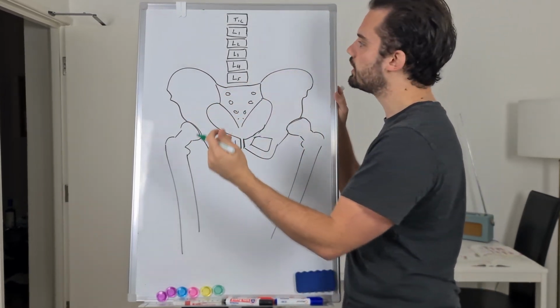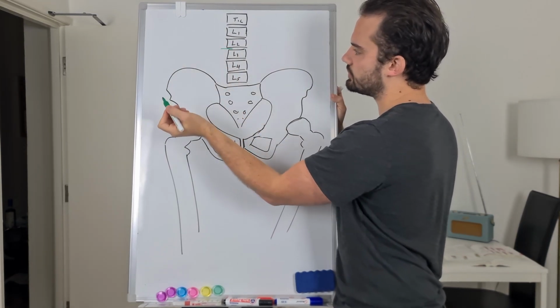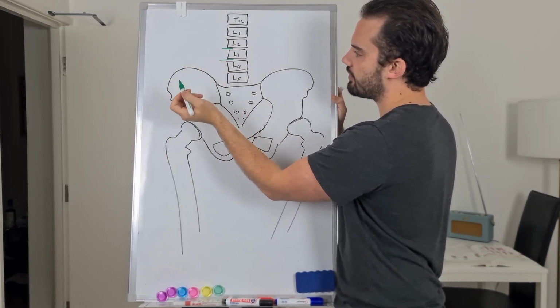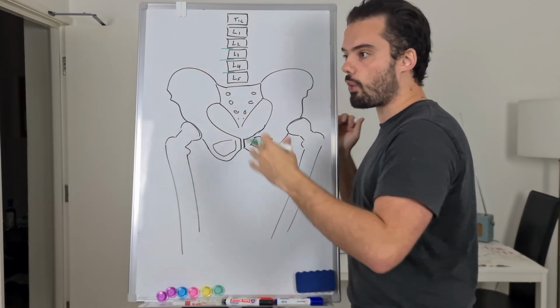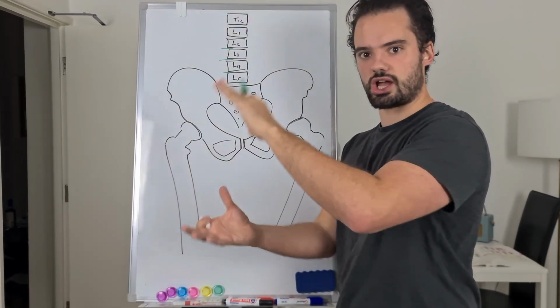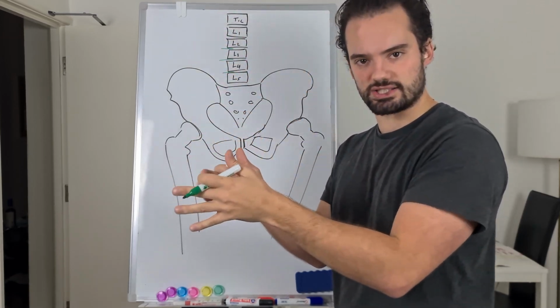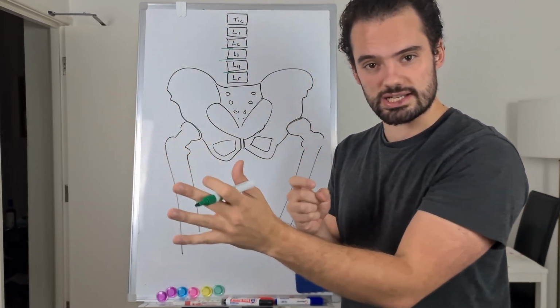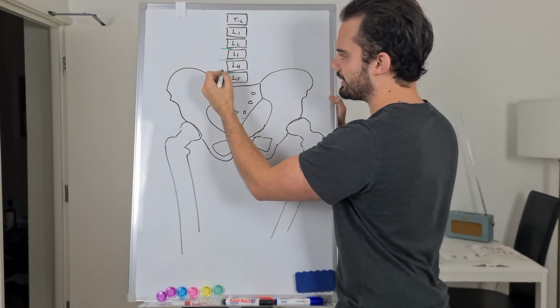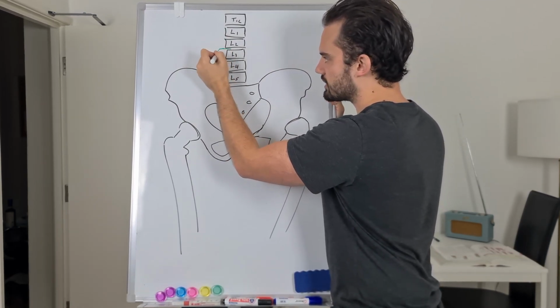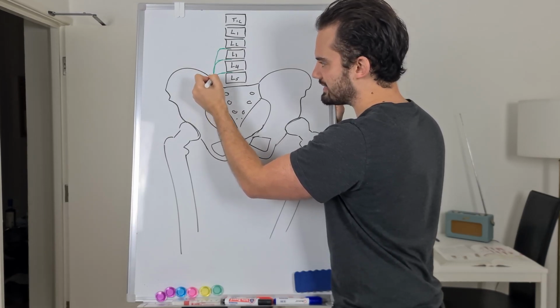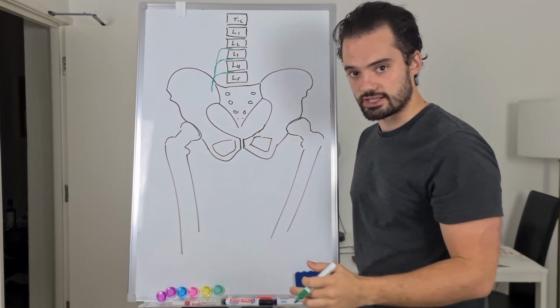So the L2 nerve root will come out underneath L2, L3 will come out underneath L3, and L4 will come out underneath L4. Within the larger lumbar plexus, ultimately these three nerve roots come together to form the single obturator nerve.